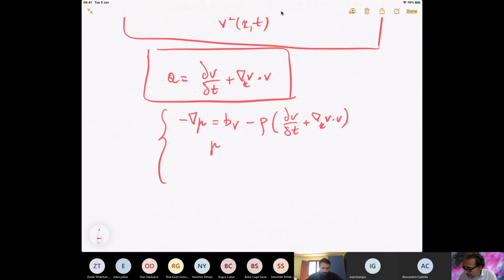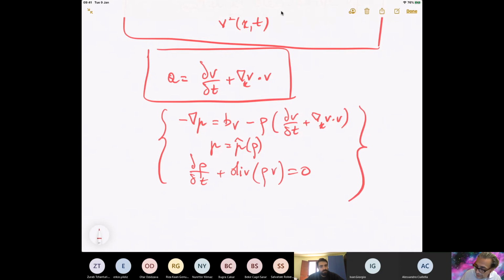Then you write p as a function of rho, and then you write balance of mass, and this is a set of partial differential equations. Of course, you must add boundary conditions to these partial differential equations.